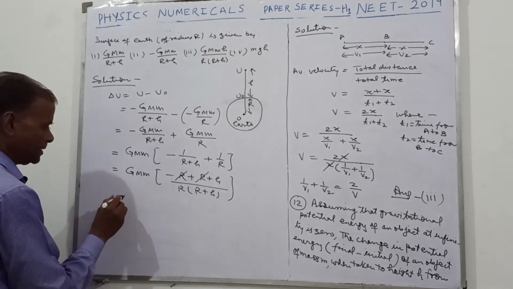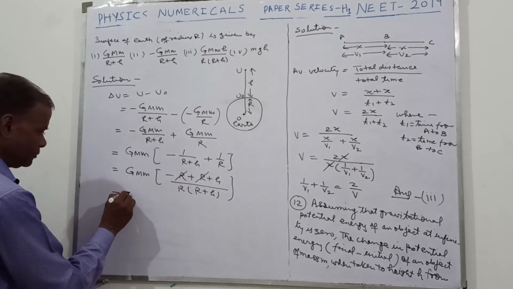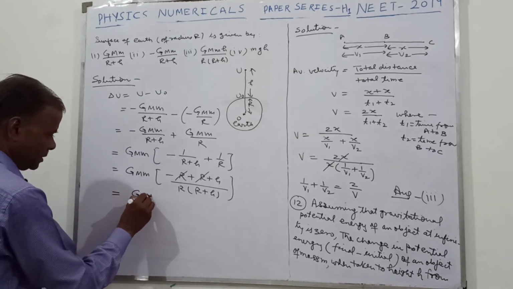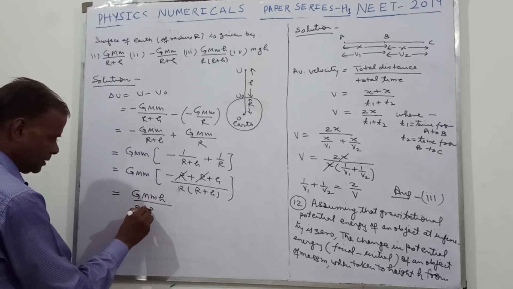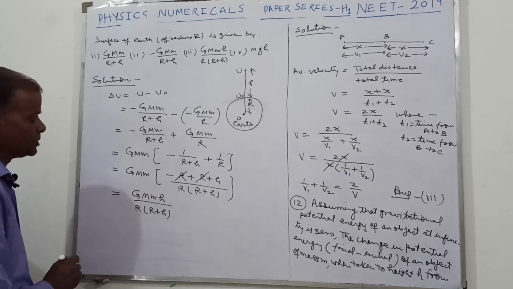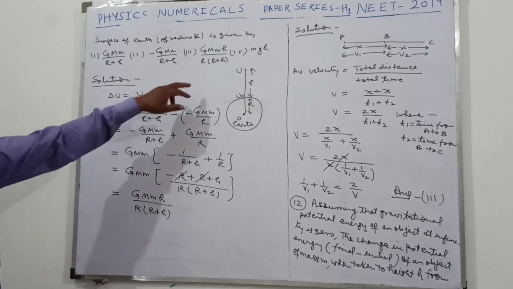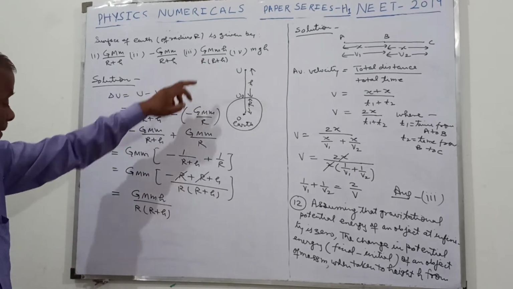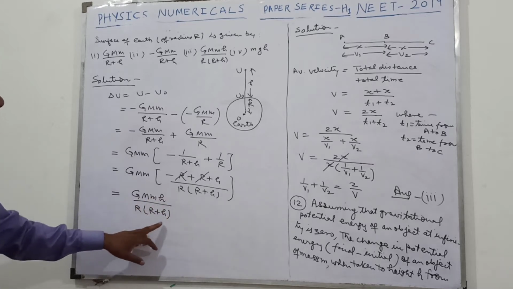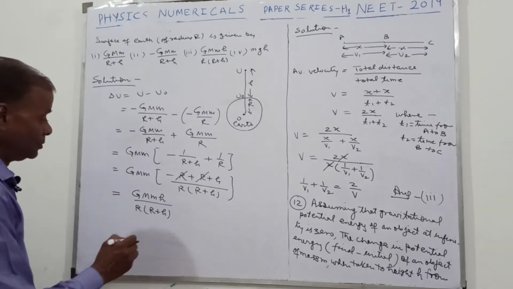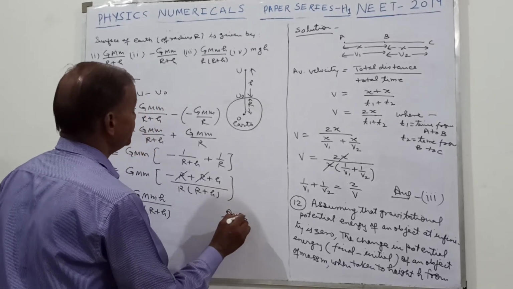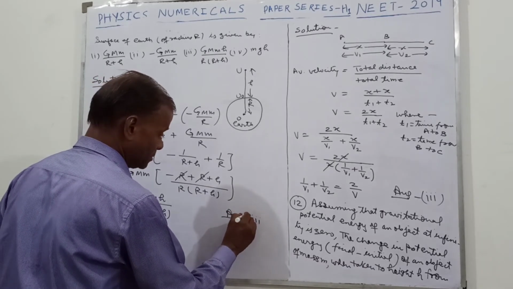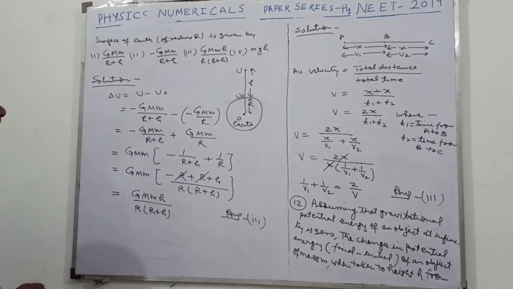This r and r will cancel. So it will be equal to GMh upon r into (r plus h). This is so much. And now find the option. This is now the right option: GMh upon r into (r plus h). So our correct option is third.